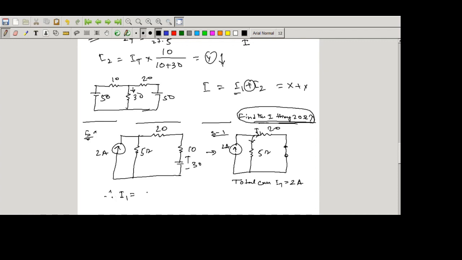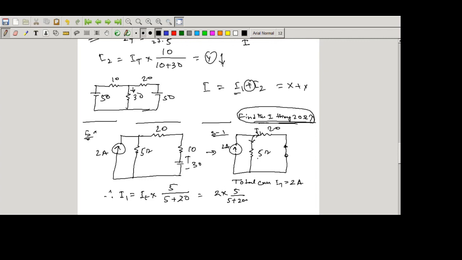So what is I1? I1 will equal, what is the rule? Total current IT times the opposite branch resistance divided by the sum of the opposite branch resistance and the current branch resistance. So the opposite branch resistance is 5, divided by 5 plus 20. So that value is 2A into 5 over 5 plus 20.